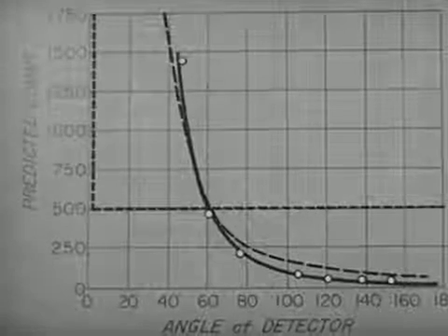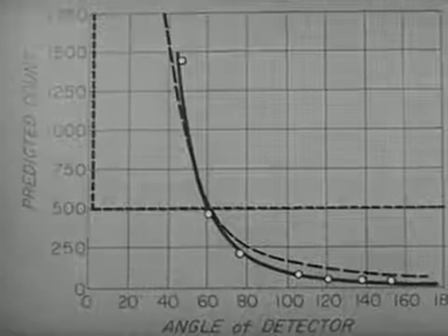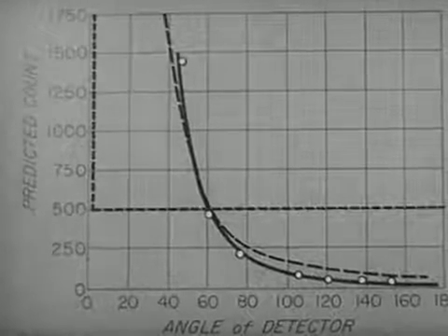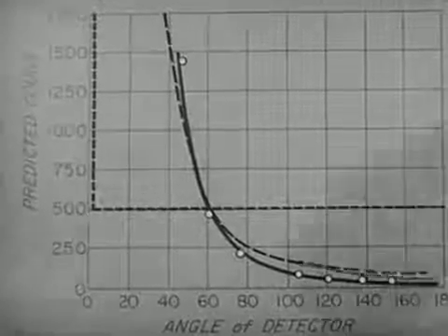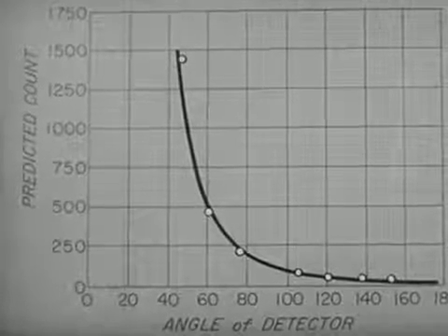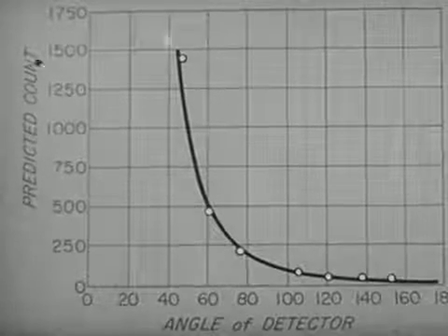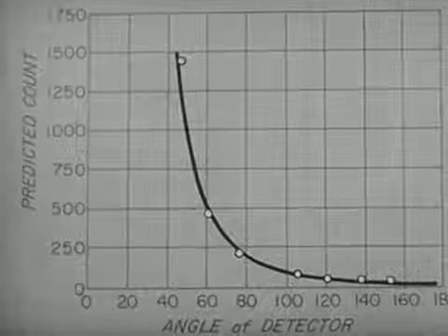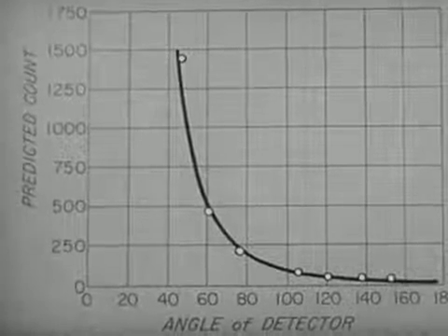To be even more certain, they did experiments with foils of metals other than gold and with alpha particles of different energies. And they all fitted with the prediction of a 1 over r squared Coulomb force field within the atom.